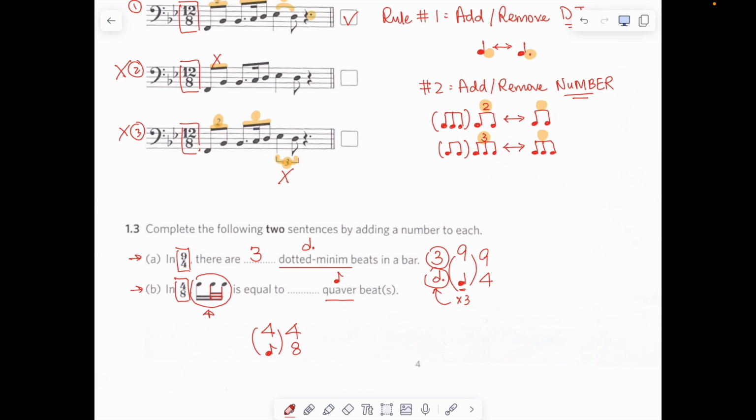So 2 demi-semiquavers together make 1 semiquaver. This first note itself has 2 beams, which means it is a semiquaver as well. Now, 2 semiquavers together give you 1 quaver. So the question is, how many quaver beats is this? Well, the answer is 1.